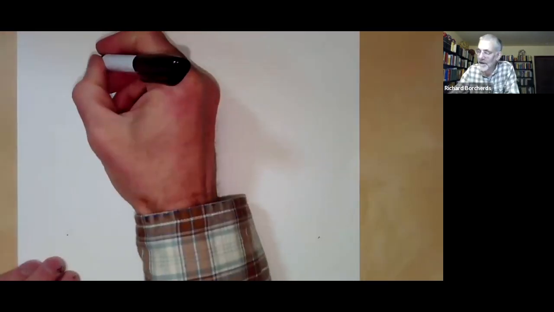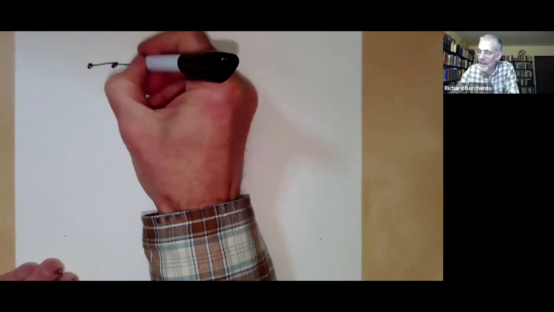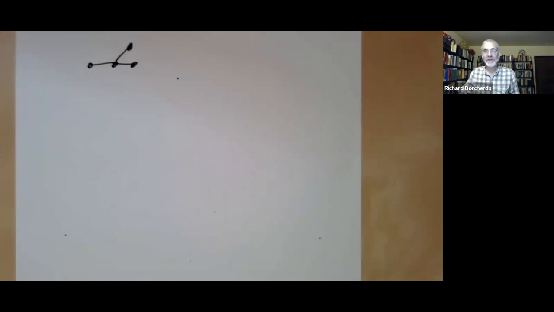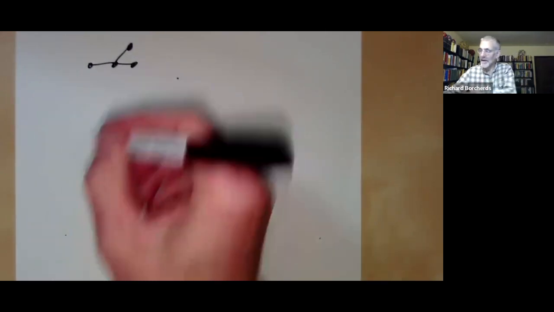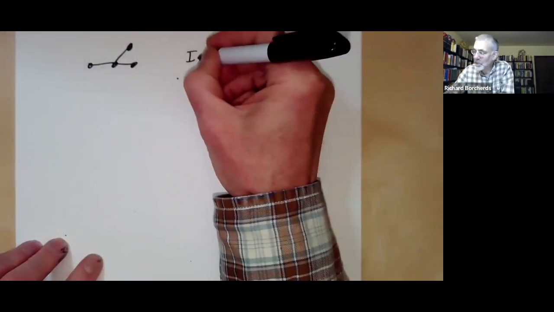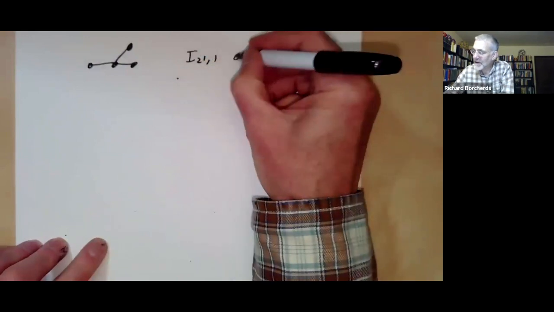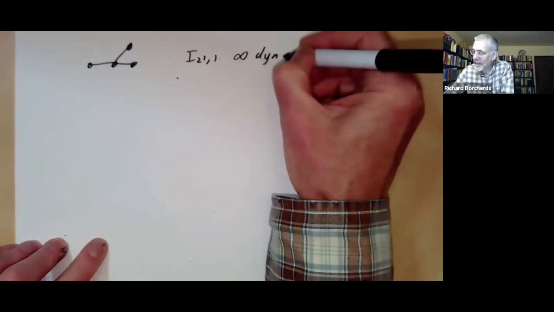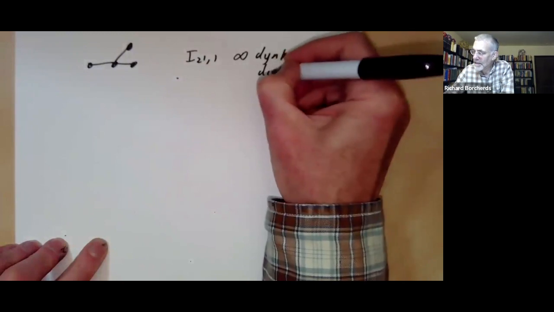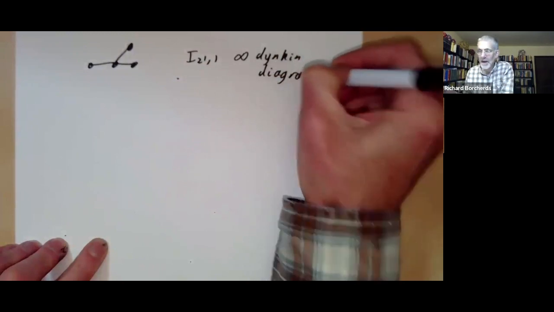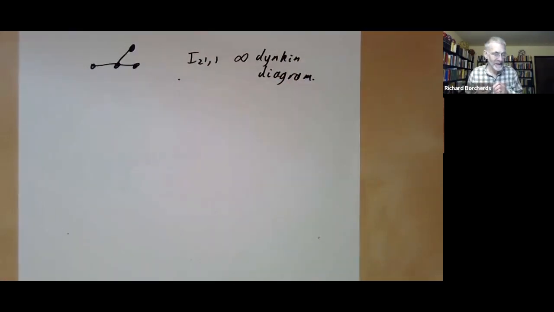If you go on further, let's look at D4. Vinberg showed that again, in this case, if you take I21,1, it has an infinite Dynkin diagram. But from Conway and Sloane's point of view, this seems a little bit odd, because let's look at what possibilities there are.